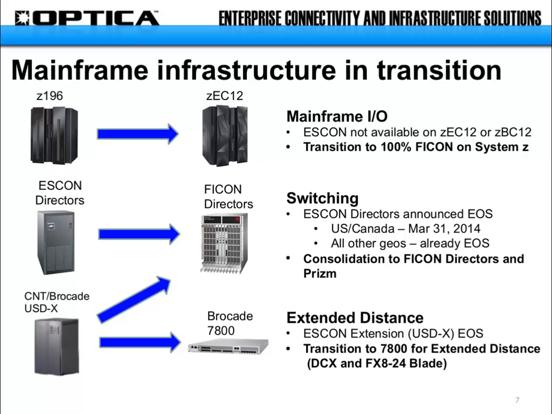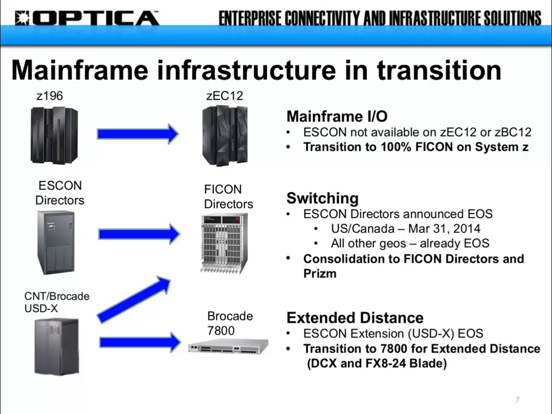Actually, the ESCON Director Model 3 and Model 5 have been announced as end of support effective March 31st of 2014, in case you were not aware of that. That's in North America. So if you're running a Model 3 or Model 5 ESCON director, official end of support from IBM is March 31st of 2014.